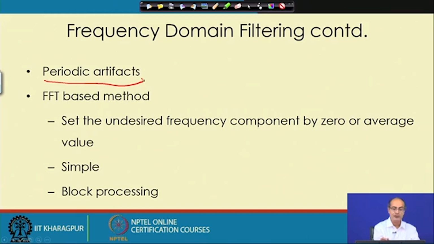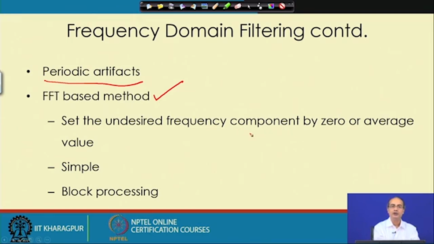The simplest way to do that is using the FFT based method. In the FFT based method, we take a block of signal and transform it to the frequency domain by taking the FFT. Then, as we get the different frequency components, we set the values of the undesired frequency components to 0.